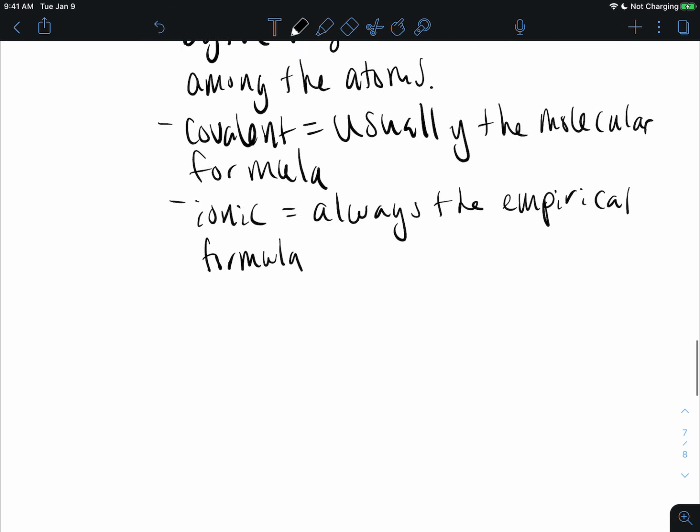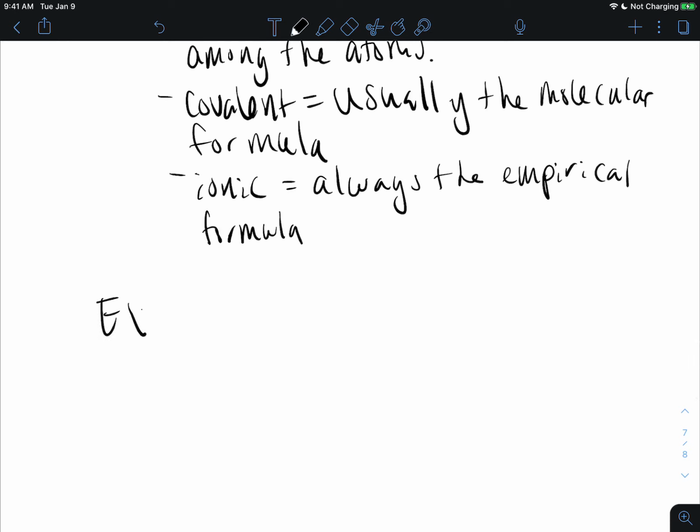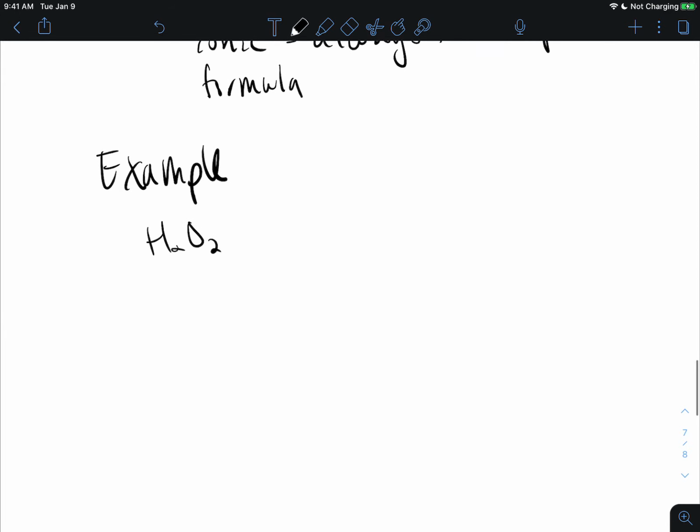So let's real quick try an example. We want to convert the following from a molecular formula into an empirical formula. So all of these are molecular formulas.